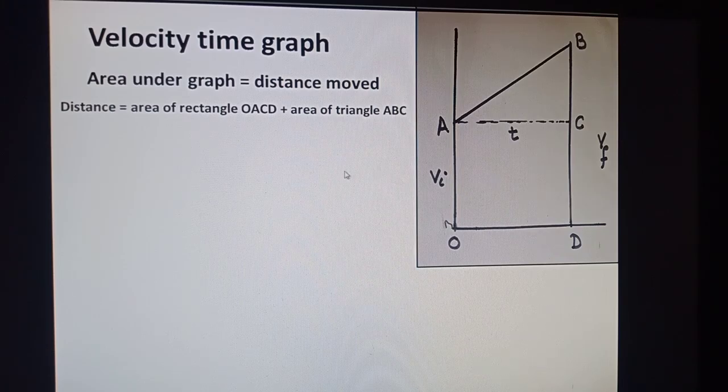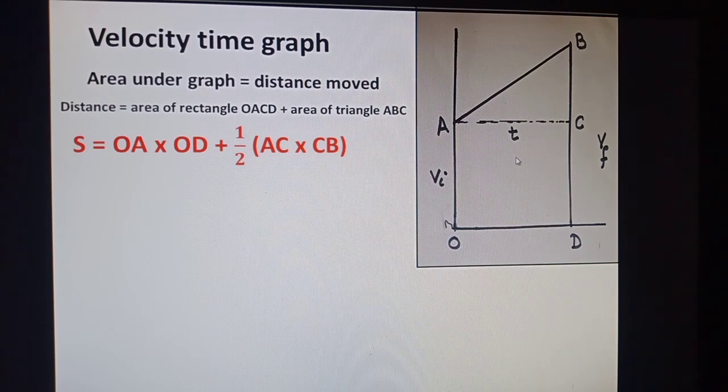For our convenience, we divided this area in two segments. One is a rectangular part and the other is the triangular part. So, the distance equals the area of the rectangle OACD plus the area of the triangle ABC.